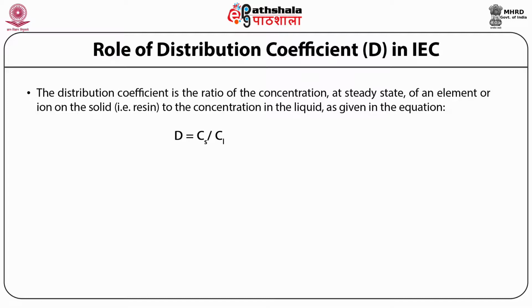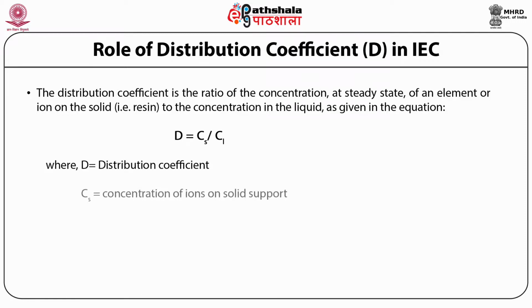In this equation, D stands for the distribution coefficient, Cs stands for the concentration of ions on the solid support, that is the matrix, and Cl stands for the concentration of ions in the liquid.